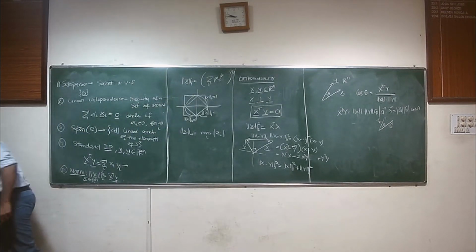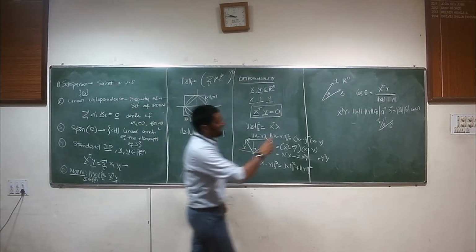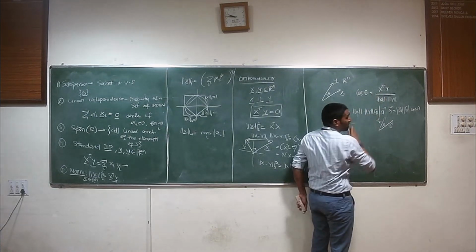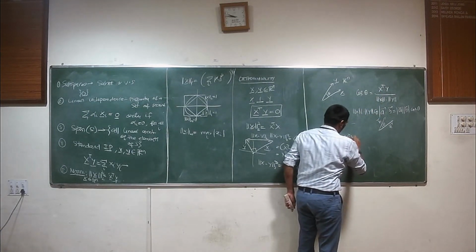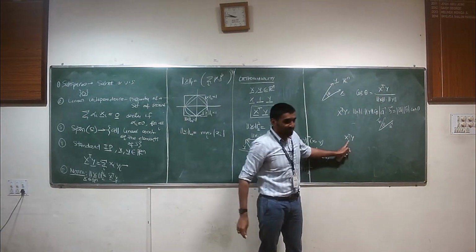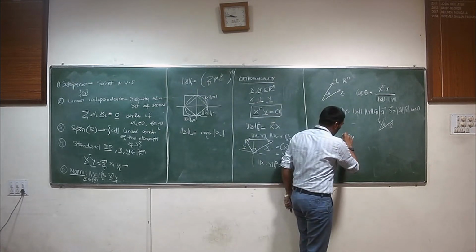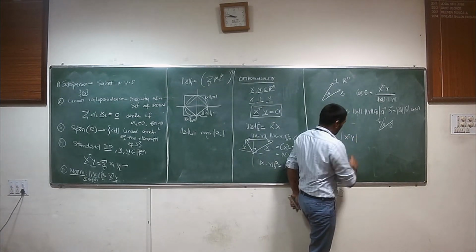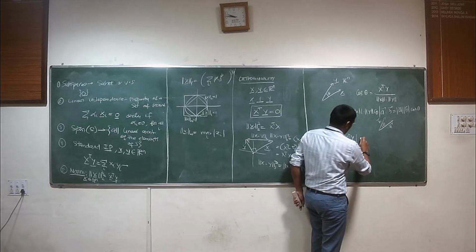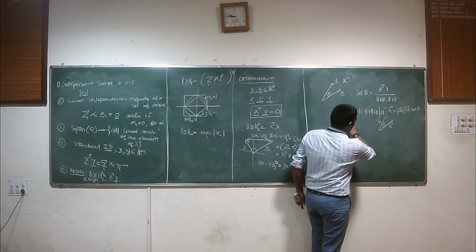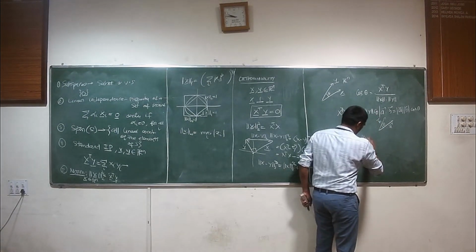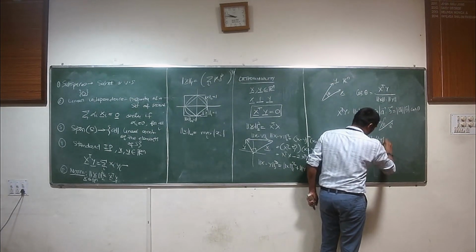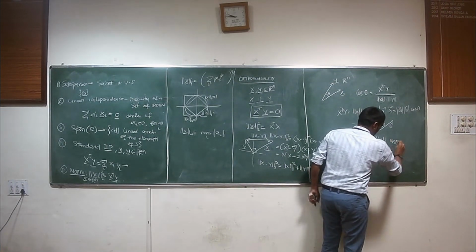This also means that your inner product, which is a real number, if you take the magnitude of this number, from this expression we have x multiplied by y into cos theta.